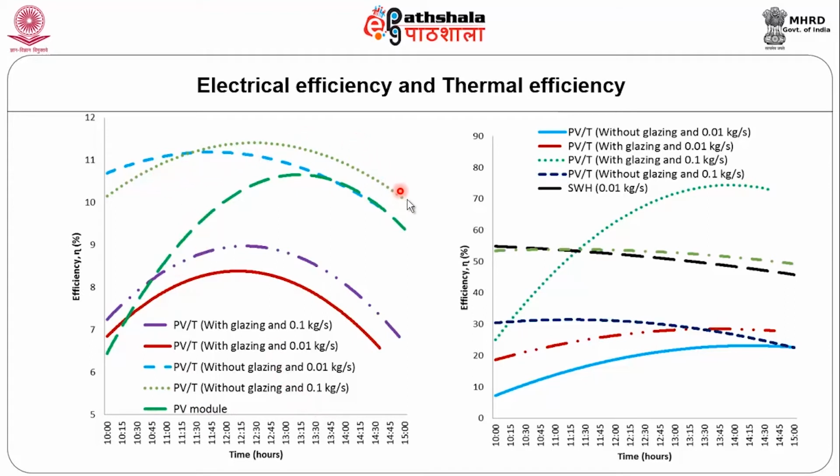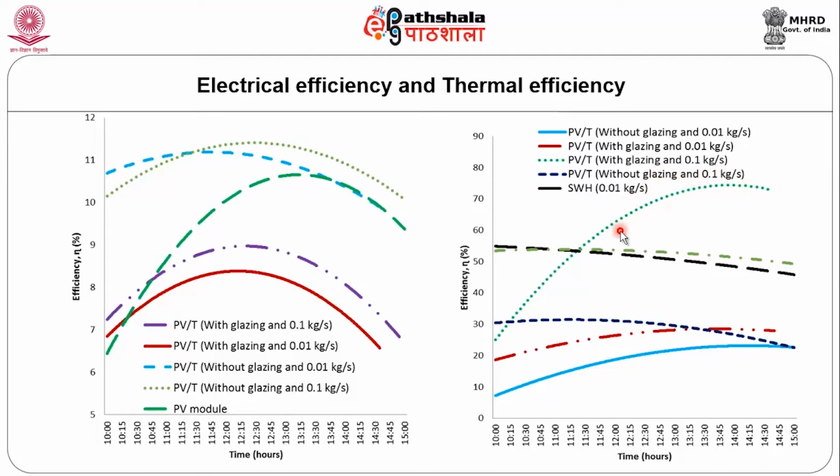The electrical efficiency is highest when without glazing and 0.1 kg per second mass flow rate. In the same way, when we look at the thermal efficiency part, it gives maximum efficiency for the PVT system with glazing and 0.1 kg per second mass flow rate.